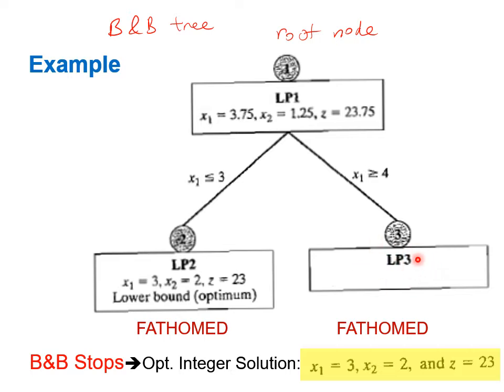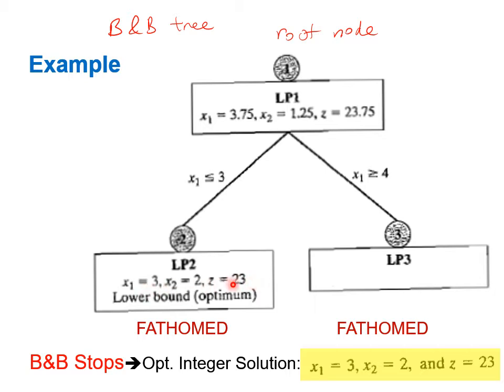Without solving the other problem, we cannot say this is the best solution of our original problem. We can only say that this is the best solution on one side of the feasible region, but there remains the other side. As we discussed in our previous lecture, since the best solution can be at most 23.75, this is an upper bound, and since the coefficients of the objective function are both integers, the best integer solution can be at most 23.